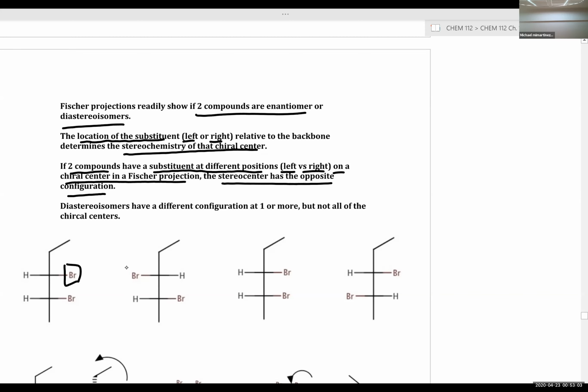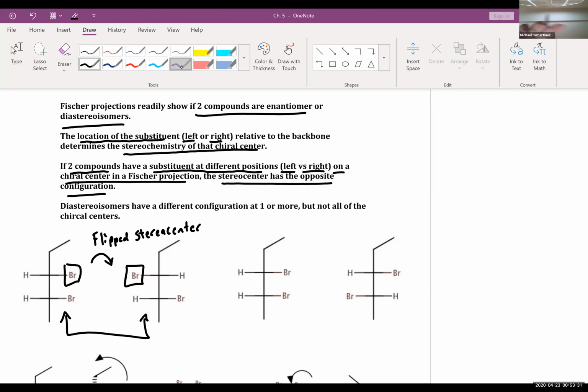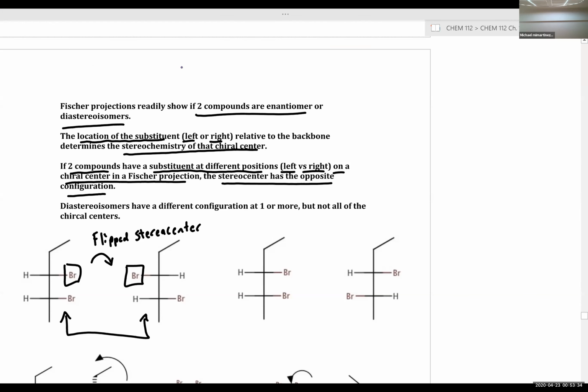So do you notice how if we change the position, we have flipped our stereocenter? So as a result, would this pair of compounds be enantiomers or diastereoisomers? Have we flipped all of our stereocenters or just one? What do we call that when we flip a few of our stereocenters? Yep, exactly right, diastereoisomers.